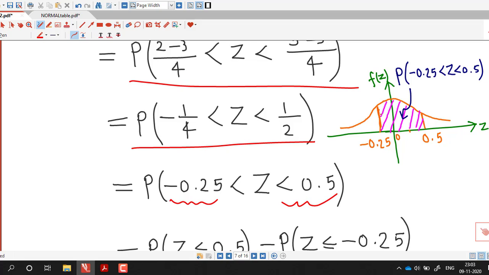So it can be seen in this graph. Z lies between minus 0.25 and 0.5. So this probability is nothing but this shaded area. To calculate this probability, first we calculate the area to the left of 0.5.